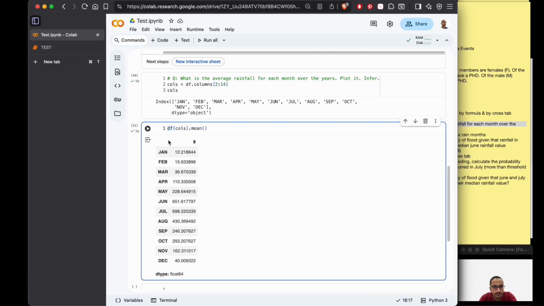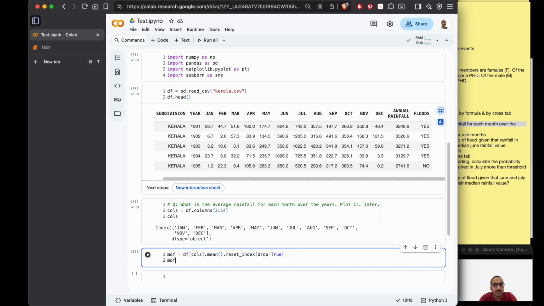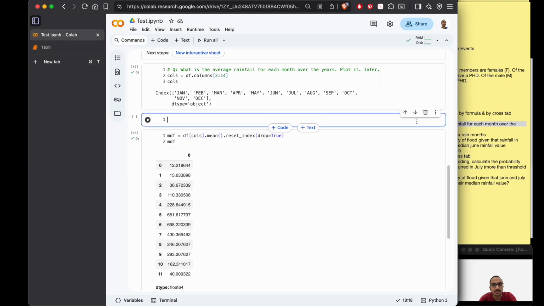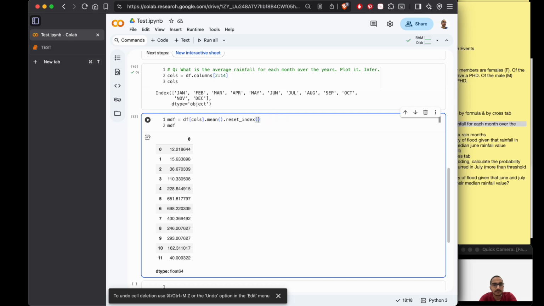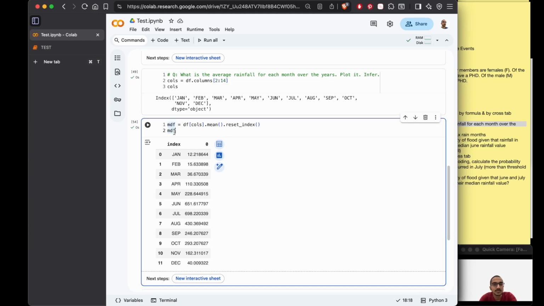So let's call this mdf and reset index. So I'll just make them drop true. There is our, oh no, we should not drop. Wait, we need the column. Okay, we don't drop the column. Now we will set the column names.